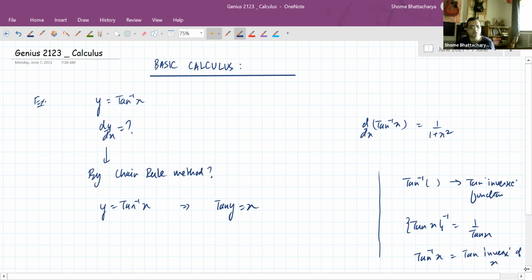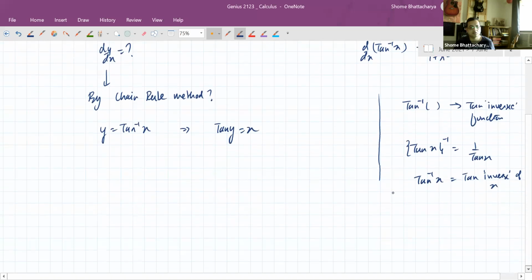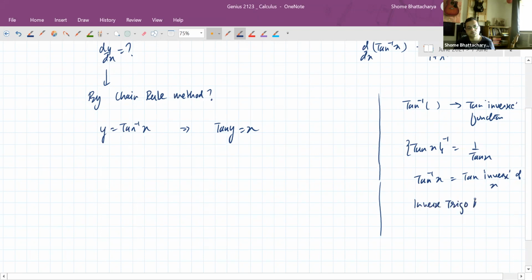So inverse trigonometric functions are like this: if A is equal to sine inverse of B, it means that sine A is equal to B. If A is equal to cos inverse of B, it means that cos A is equal to B, and so on and so forth.